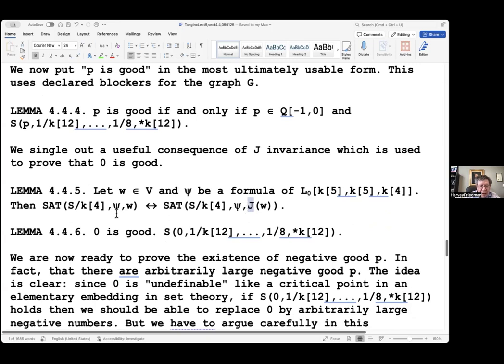So I claim that, for atomic formulas, this is trivial from the original statement, but this is a quantifier-free formula, and so obviously this is preserved under connective combinations. So this is sort of obvious.